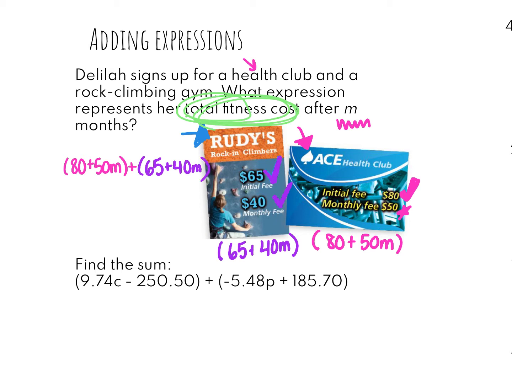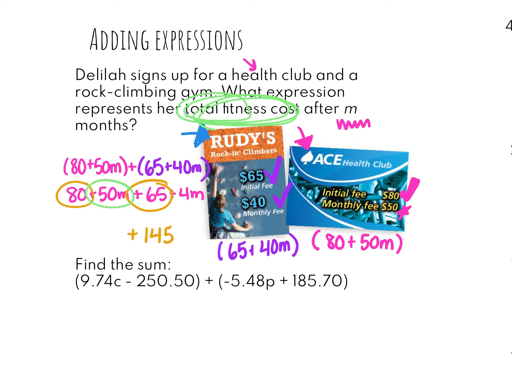Since these are all positives here, we can just get rid of these parentheses altogether, so it doesn't change anything. Plus 65 plus 40M. Well, we're going to combine like terms. I have 80, I have 65. That's going to give me 145. I have 50M.